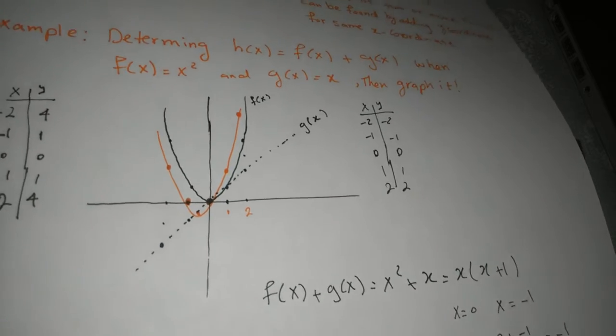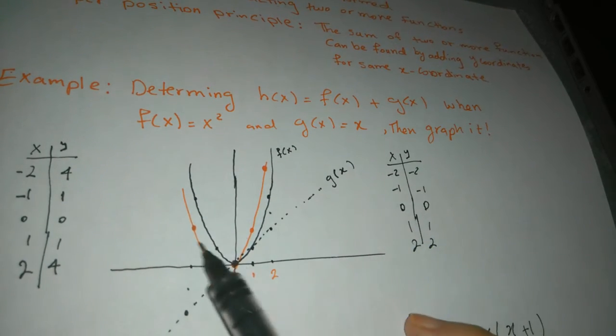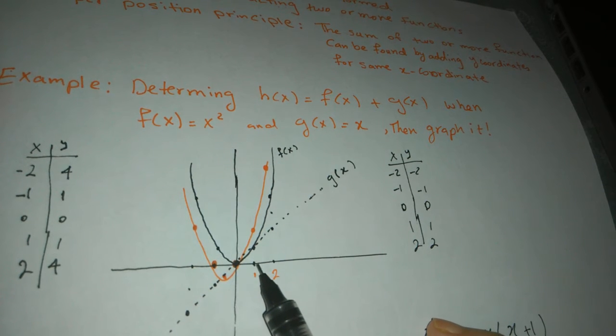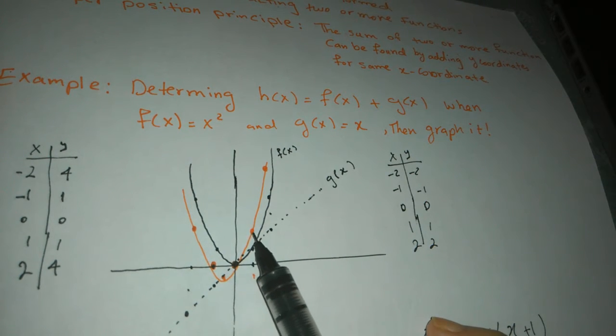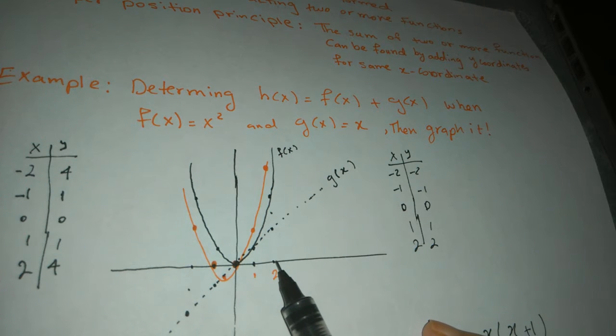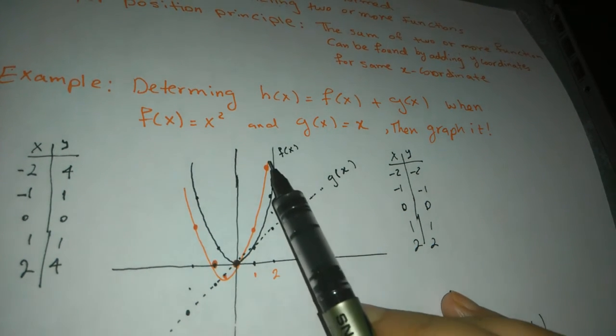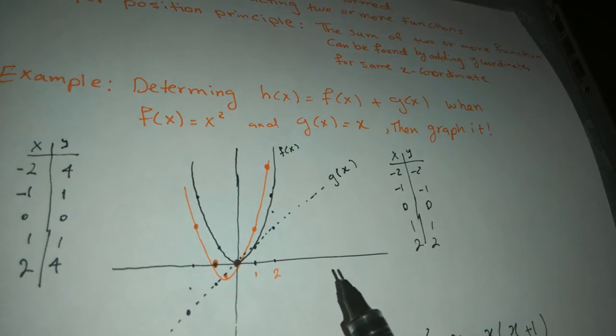Anyway, if I give you a graph and ask you to find the addition of these two graphs, you have to do point by point. For the same x, you're adding the y of the two graphs to get to this.